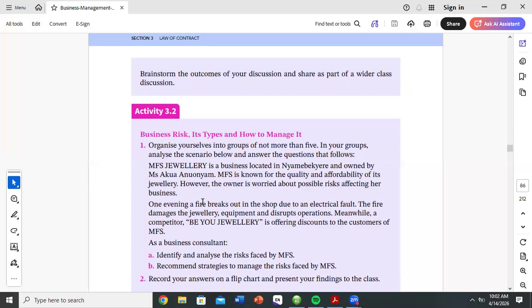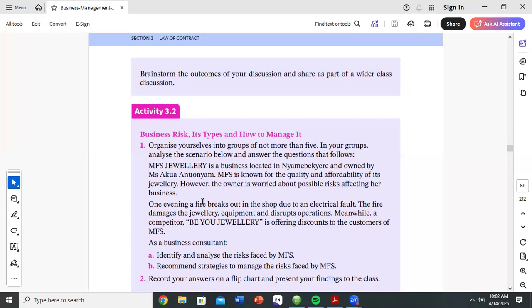MFS Jewelry is a business located in Nyame Petre and owned by Ms. Ekua Enoniam. MFS is known for the quality and affordability of its jewelry.